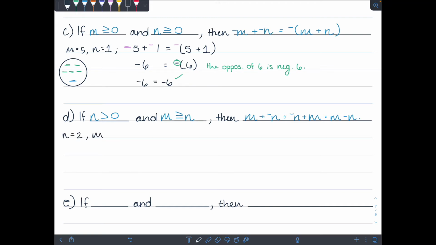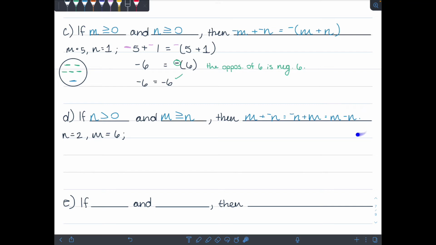Let's make n to be 2 and m to be 6. 2 is bigger than 0, right? Yes. Oh, there's no bar here, so it cannot equal 0. Is m bigger than n? Well, is 6 bigger than or equal to 2? Yes.